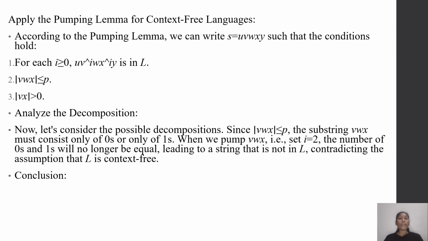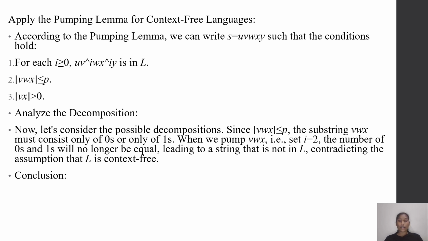Since |vwx| is less than or equal to P, the substring vwx must consist of only zeros or only ones. When we pump, the number of zeros and ones will no longer be the same. This leads to the string not being in L, contradicting the assumption that L is context-free.